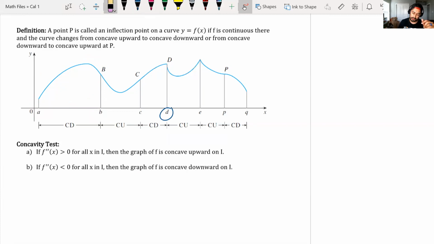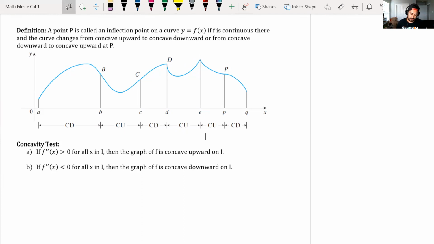And then for E, since we're going concave up and this is also concave up, E is not an inflection point because concavity did not change. Remember, to be an inflection point, concavity must change. And then you get to P, it goes concave up to concave down. That is an inflection point. Okay.